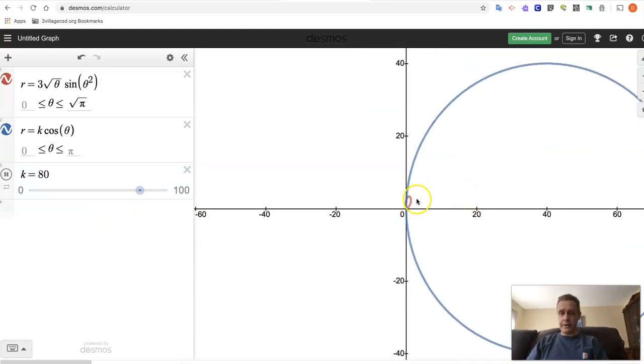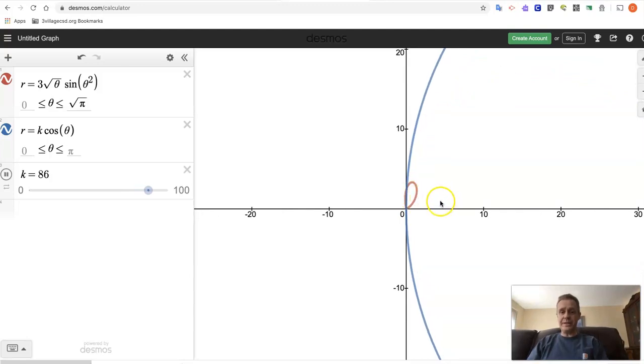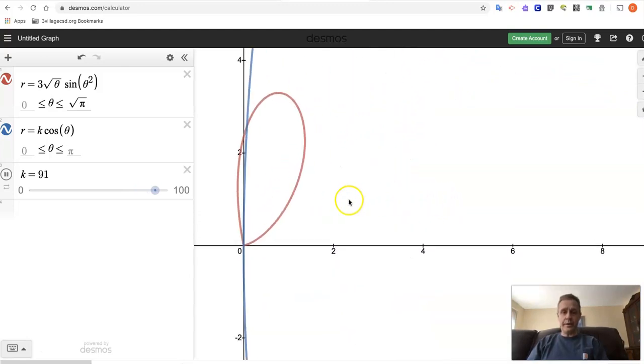And essentially notice that the circle is staying on the right side of the y-axis. And it's as if this circle is going to continue to get bigger and bigger and bigger. It's never going to cross over the y-axis.